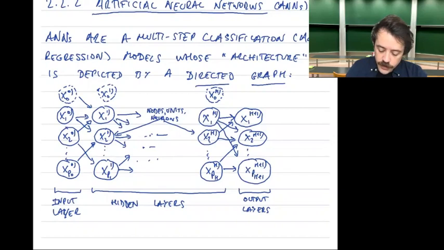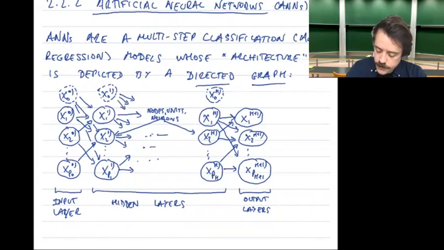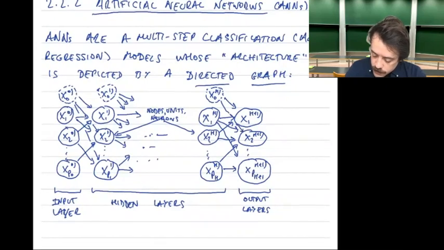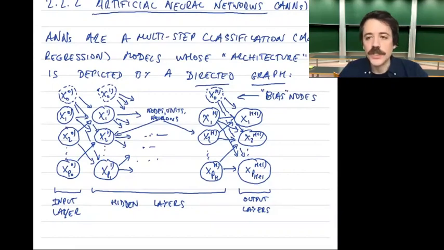And these also are going to be connected. Generally speaking, they are connected to all, and again, they are not in the output layer. So these are, as I'm just saying, bias nodes. We'll see what they are for, why they are a bit special.